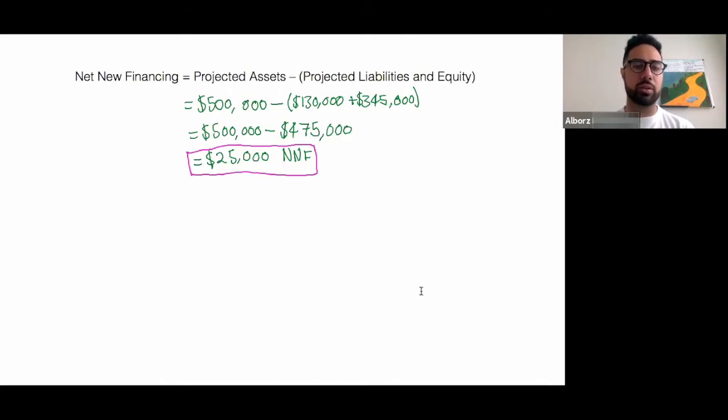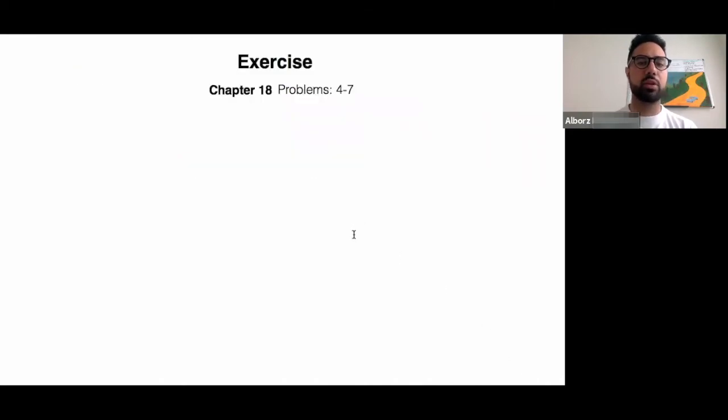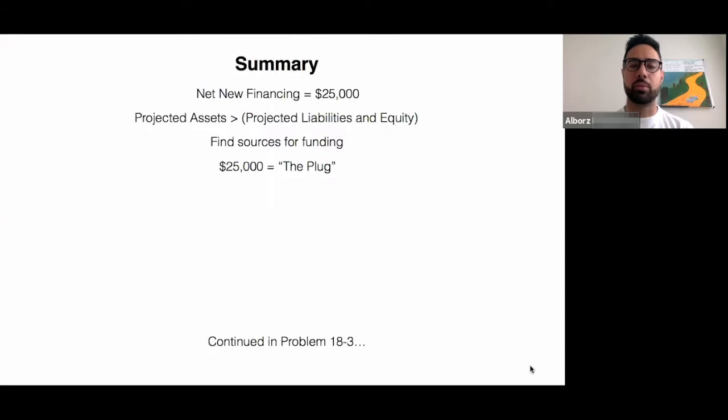To get a further understanding of forecasting financial statements, try Chapter 18, problems 4 to 7 in your textbook or MyLab study plan. In summary, remember that since our final answer is a positive number, $25,000, we have more projected assets.